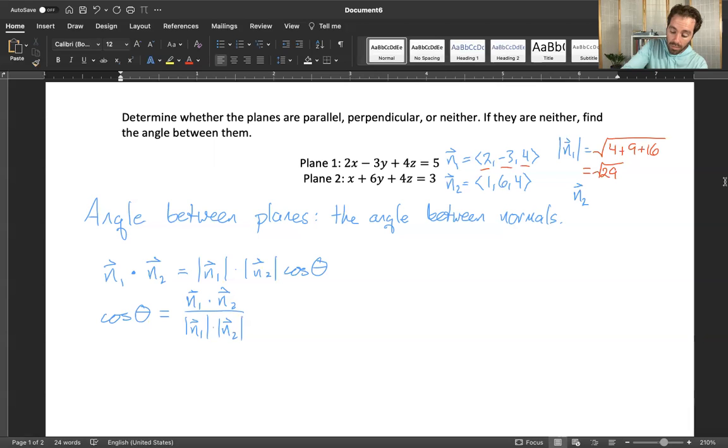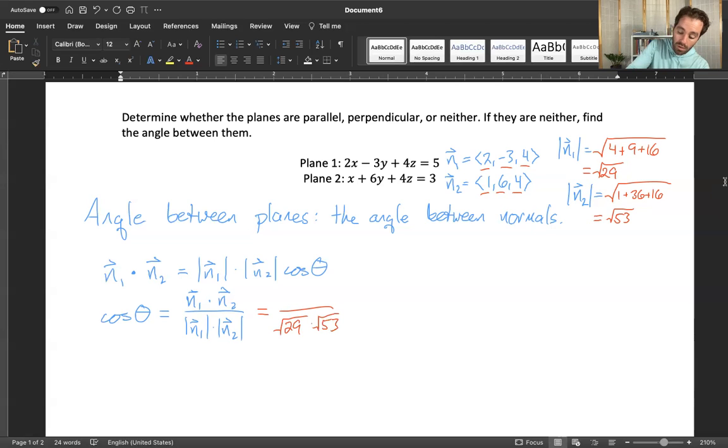The second normal, what is this? Well, this would be square root of 1 plus 36 plus 16. That's 53. So this is square root of 53 right there. So I know that whatever goes on the top, on the bottom, I'm going to have square root of 29 times square root of 53.